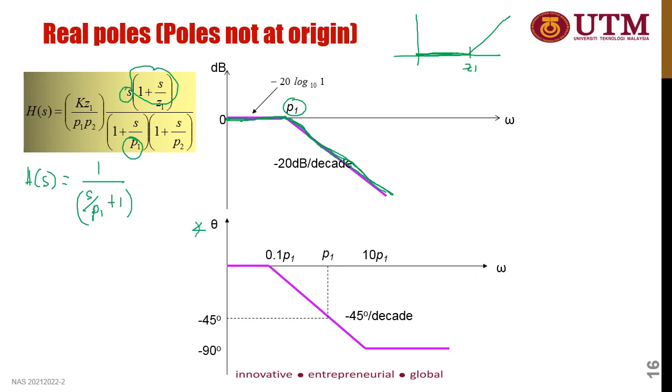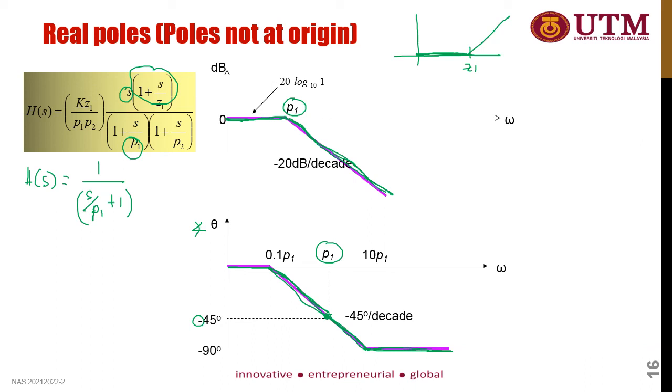And then for the phase of a pole at P1, just as for the zero at Z1, at that particular frequency it will be 45 degrees. But for poles, it is in negative values. Negative 45 degrees. And then you extend to the earlier decade and extend another 45 degrees to the next decade. And the rest will be 0.